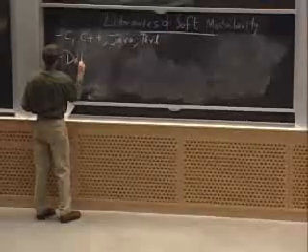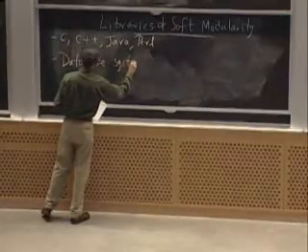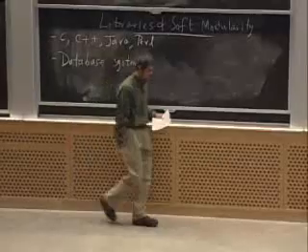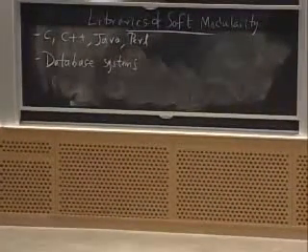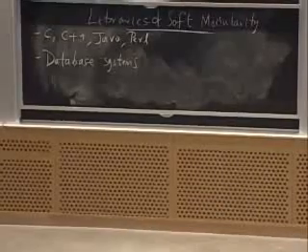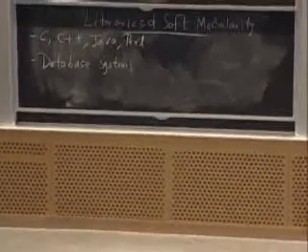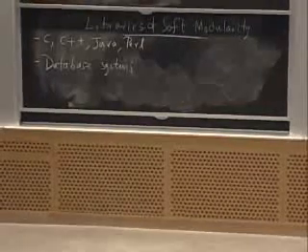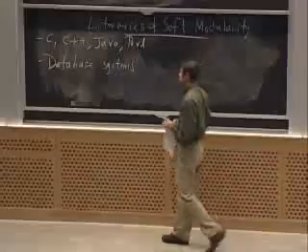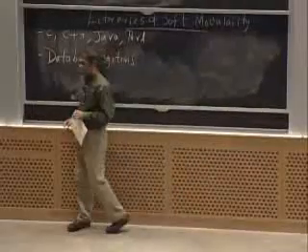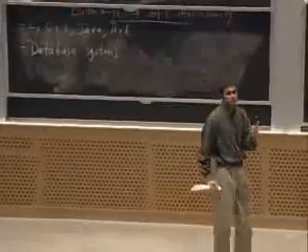Database systems provide a great example of modularity. If you take a system like, you might have heard of Oracle or Sybase or IBM's DB2, all of these things are fairly complicated pieces of software. But what they invariably allow you to do is to put in your own code that will run as part of the database system. Normally databases allow you to run queries on tables of data.